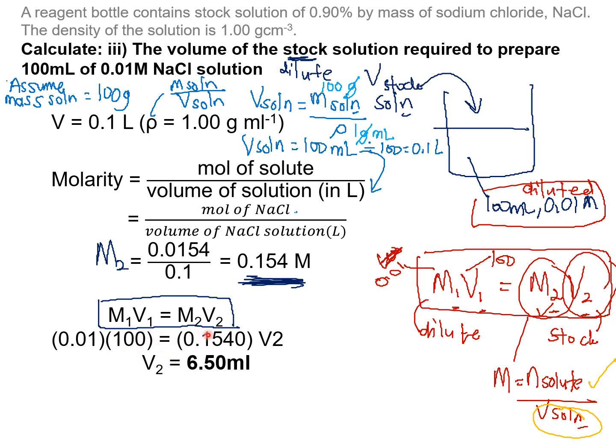And then M2V2. M2 is 0.154. V2, because you did not convert, this one is in milliliter, so you will get the volume in milliliter as well. So don't forget the unit.